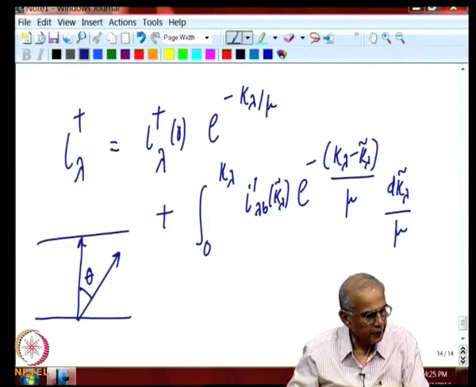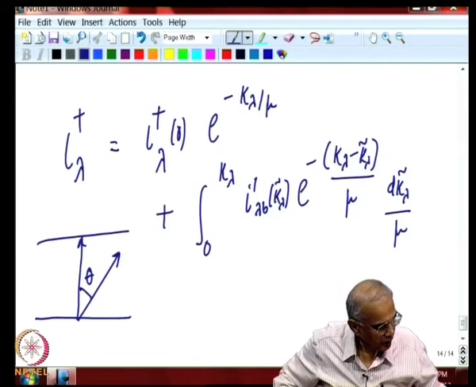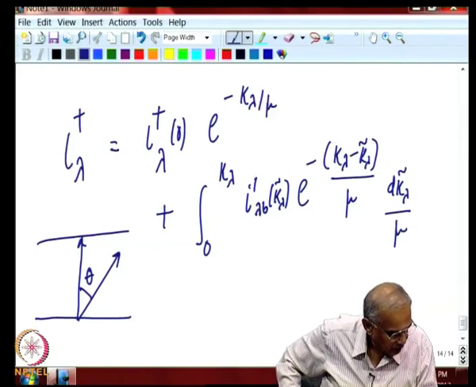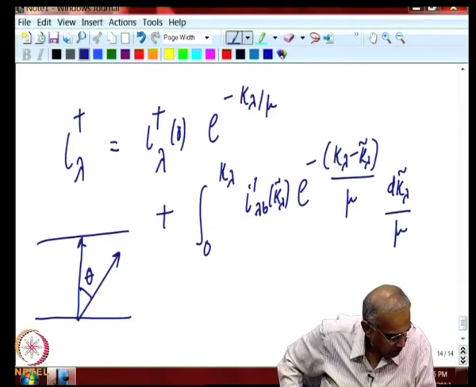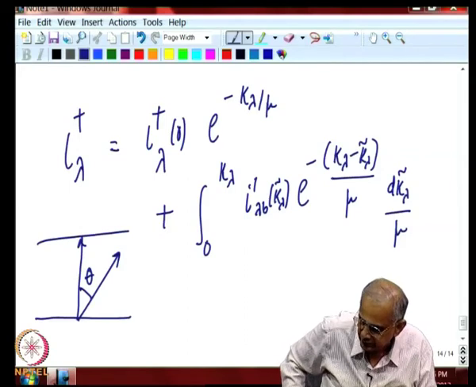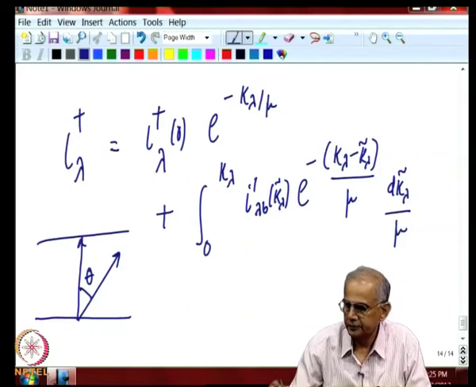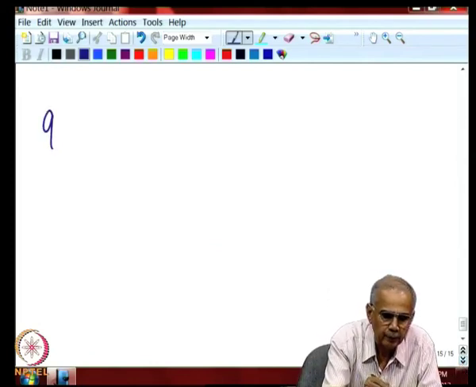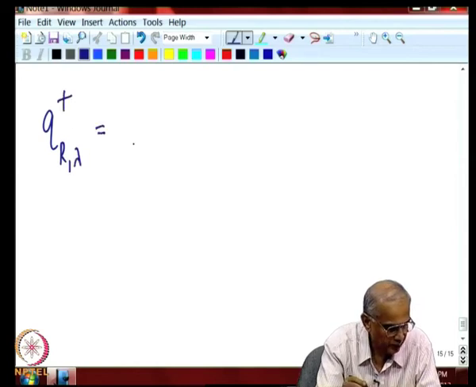Now, we plug everything into these equations and calculate the upward and downward radiative flux. You do all these integrations, then you will get the upward radiative flux will be equal to, I will write down the expression, explain what these terms are.